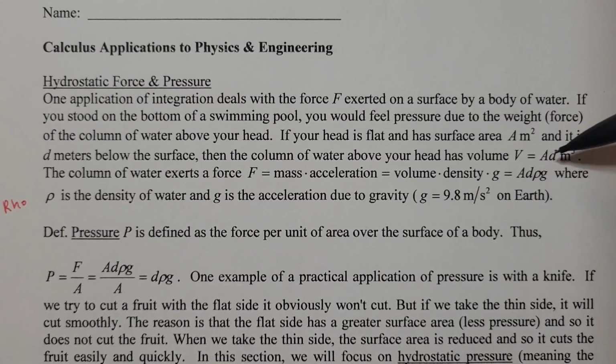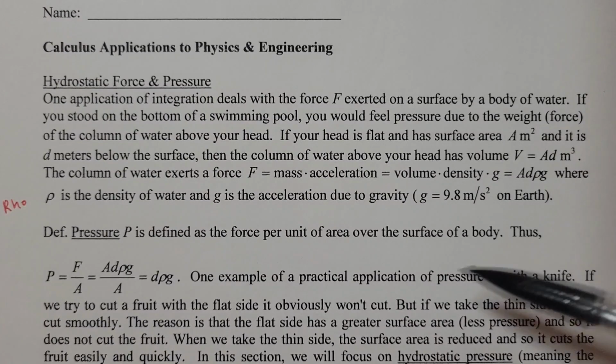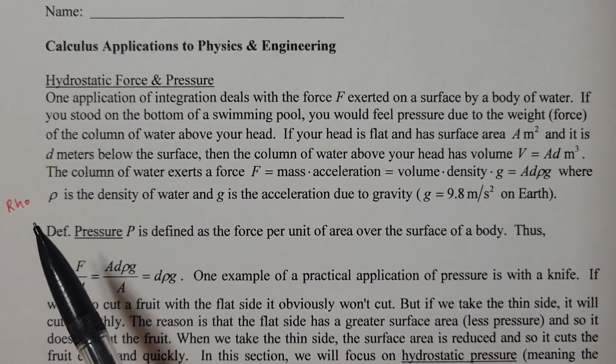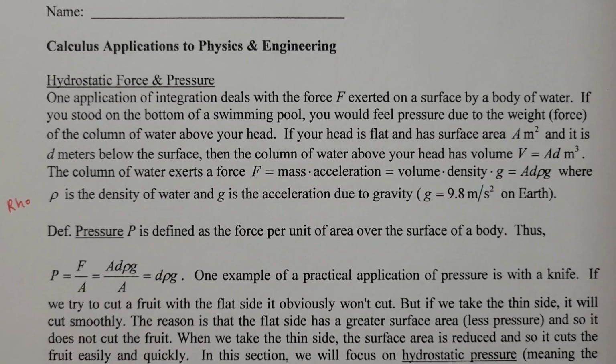So the volume is A times D and the density is rho, where rho, a Greek letter, is the density of water, and g is the acceleration due to gravity. Assume that you're on Earth for these problems, not on some other planet. The acceleration due to gravity is 9.8 meters per square second.